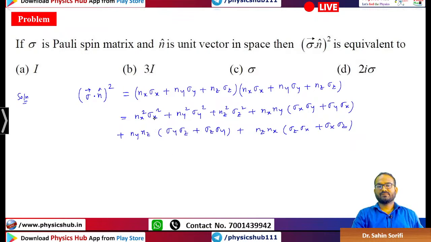So sigma x square, sigma y square, sigma z square, we have already told you that is identity.